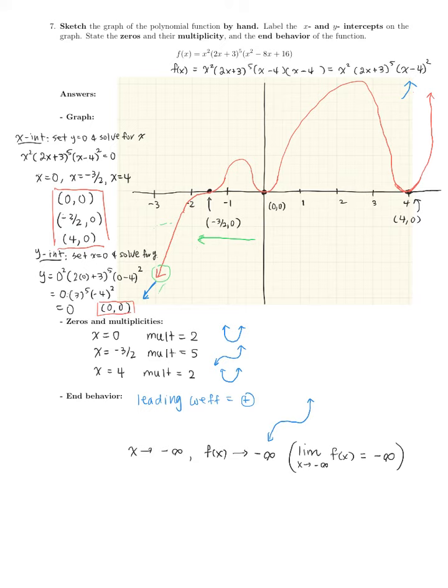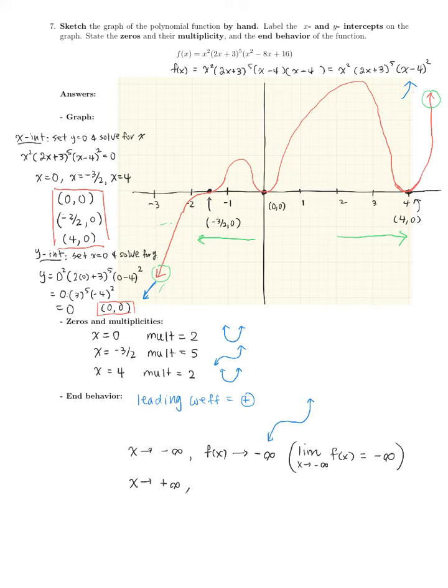All right, now let's take a look at the end behavior on the right. Okay, now as x goes to positive infinity, now we're looking at this direction. Where does the tail end of the graph go? Well, as x increases, the tail end is going to shoot up to positive infinity.